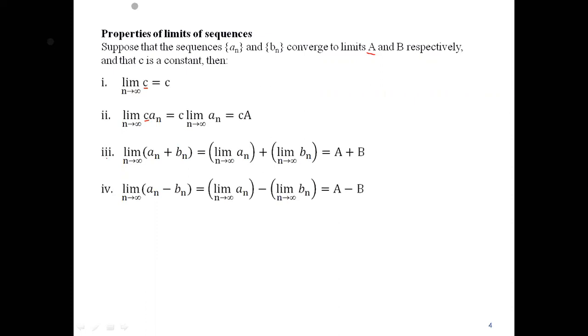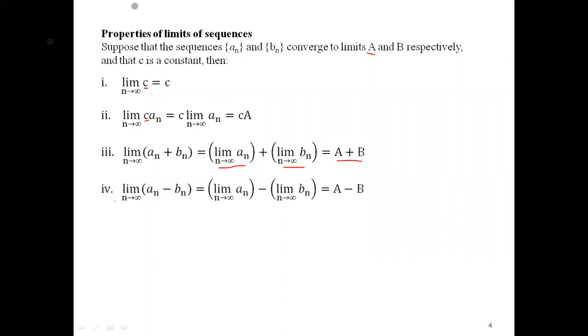Then we move to 3. Supposing you have two sequences adding, the limit of the sum of two sequences as n approaches infinity is just the same as adding the two separate limits, which gives us A plus B. This is quite straightforward.